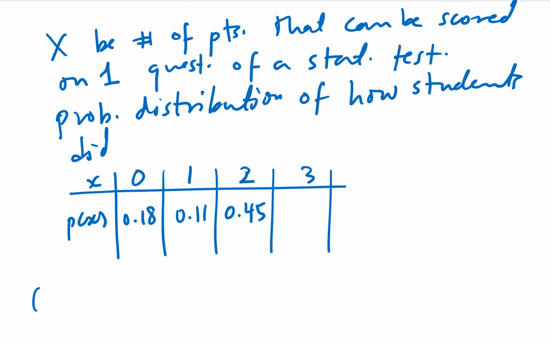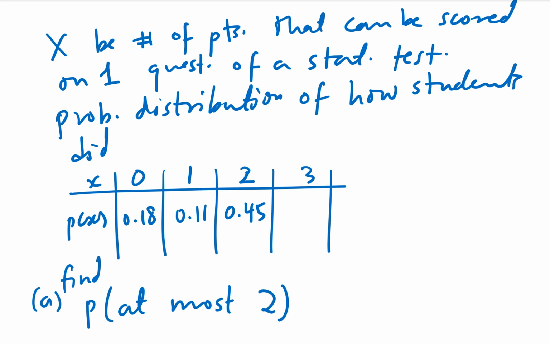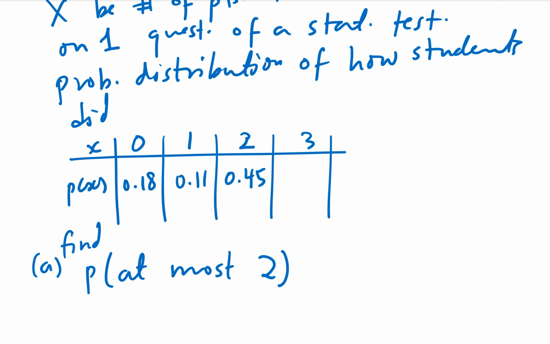And we would ask you to find the probability of getting at most, let's say, 2. To do that, at most 2 means 2 or less. So that would be the probability of getting 0, the probability of getting 1, and the probability of 2.